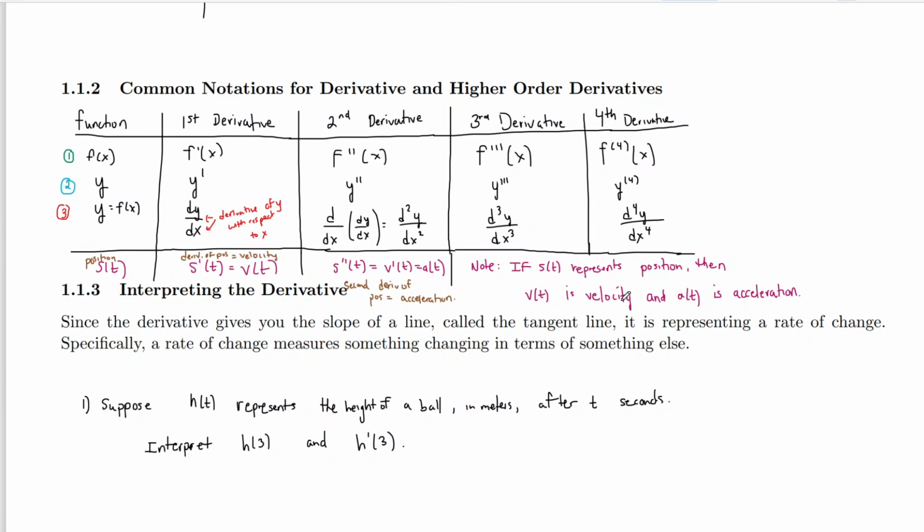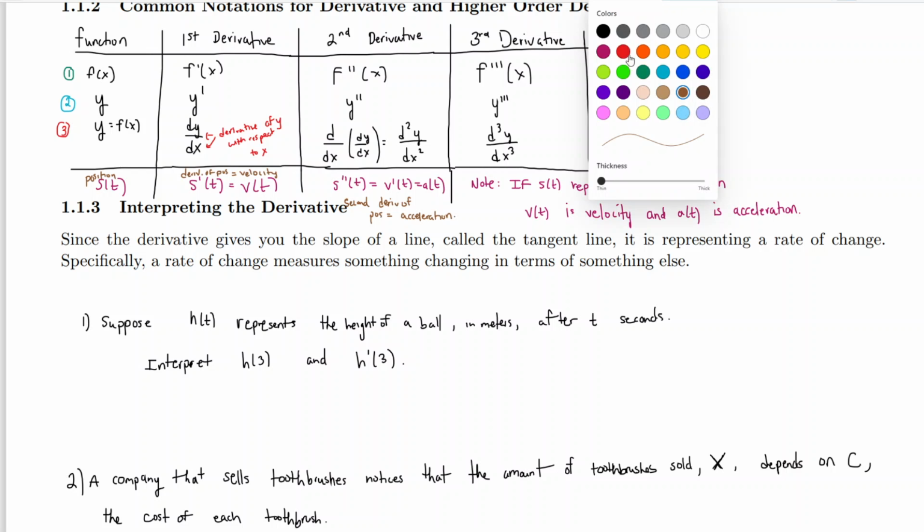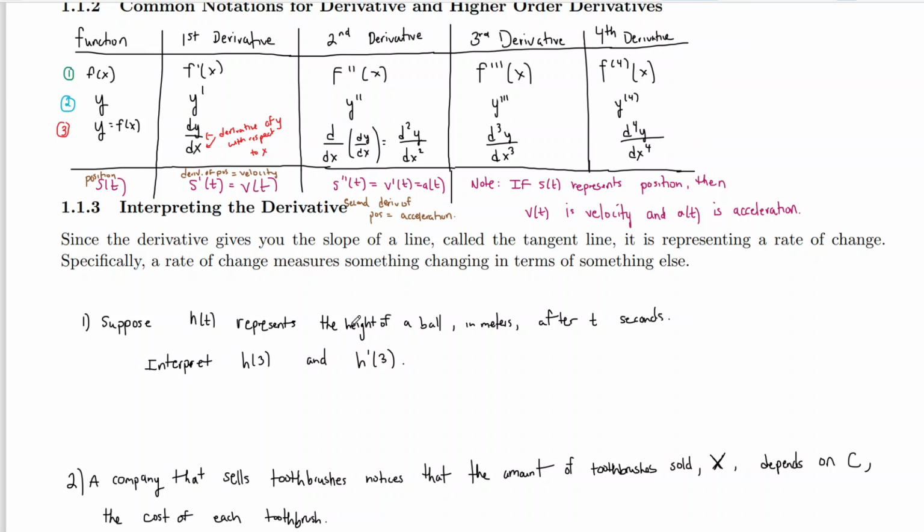All right, now before we actually get to computing problems, I know you're probably wanting to see examples by now. I want us to really understand that the derivative, since it's the slope of the tangent line, is representing a rate of change. I want us to be able to understand and interpret what things mean. All right, so let's go ahead and do that. I have a couple of problems here.